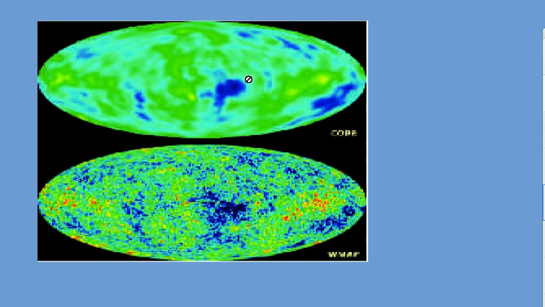So this is COBE, and this is the WMAP observation. In COBE, you see some structure, you see these dark patches, and in the later mapping of the radiation, you see far more structure. And then if you were to Google the Planck probe, you would see even greater structure.